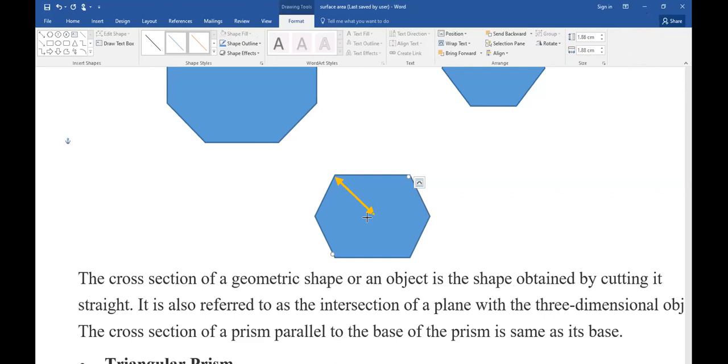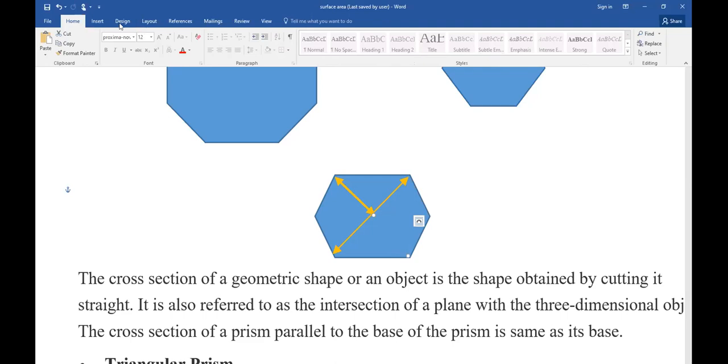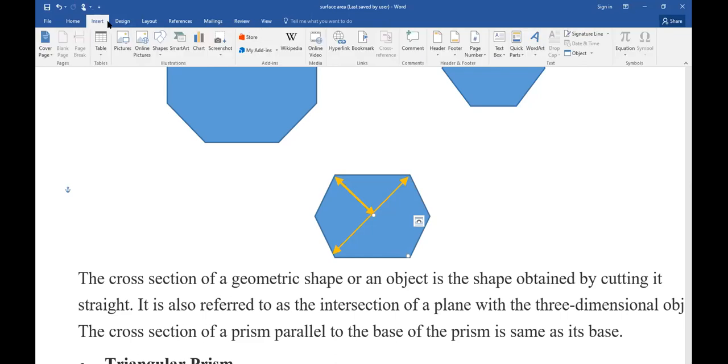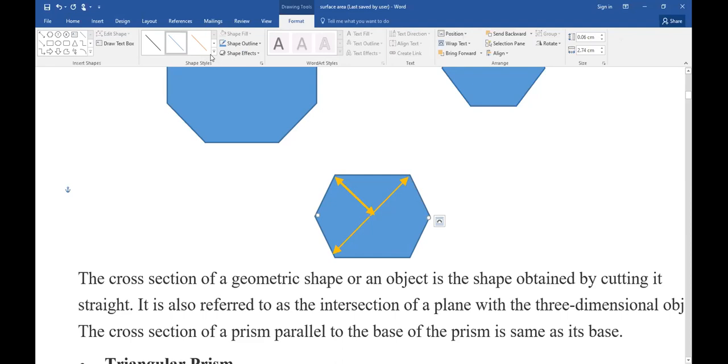I also have this one here. And these ones are supposed to be yellow.